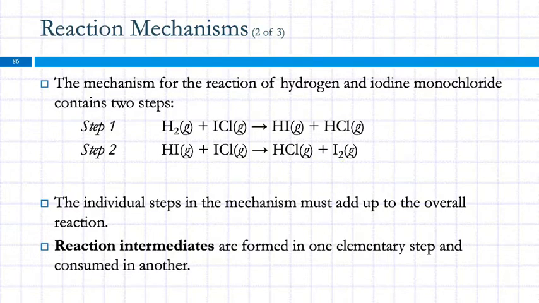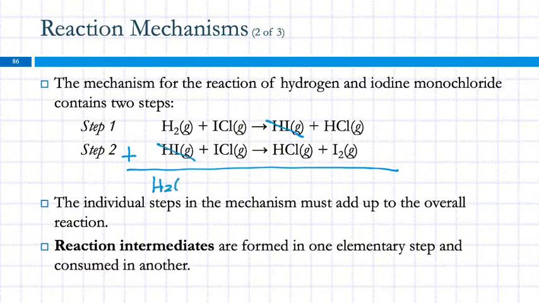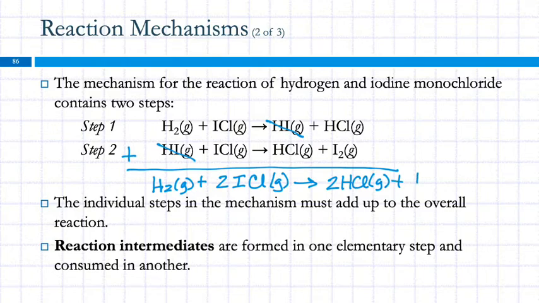And so if we take those individual steps and add them together, we see that this HI that was formed in the first step gets used up in the second step. And so we end up with H2 plus 2 ICl gas, making 2 HCl gas plus I2.